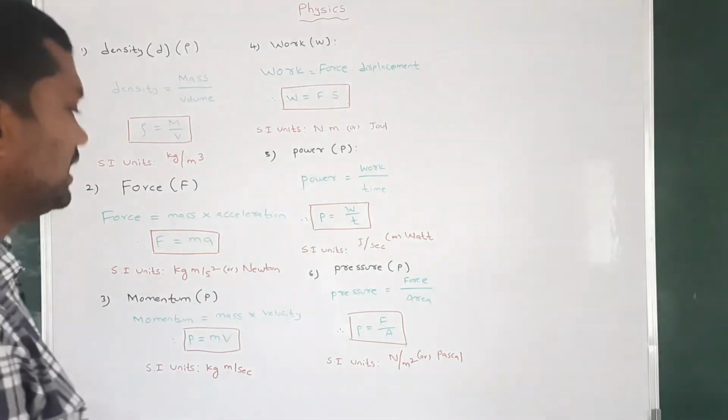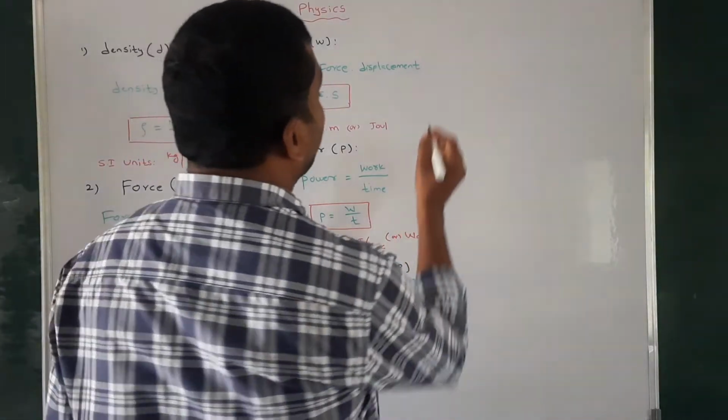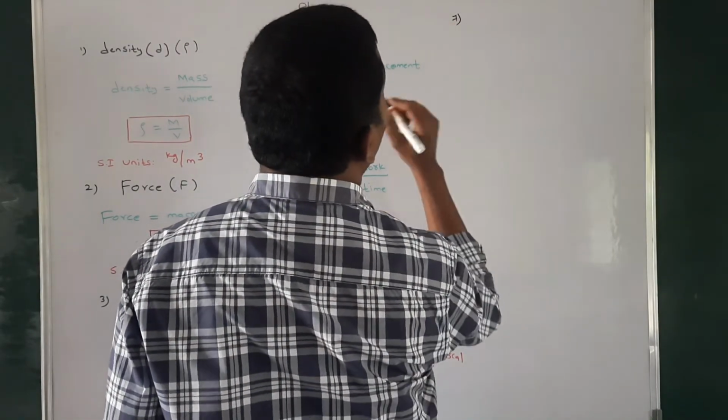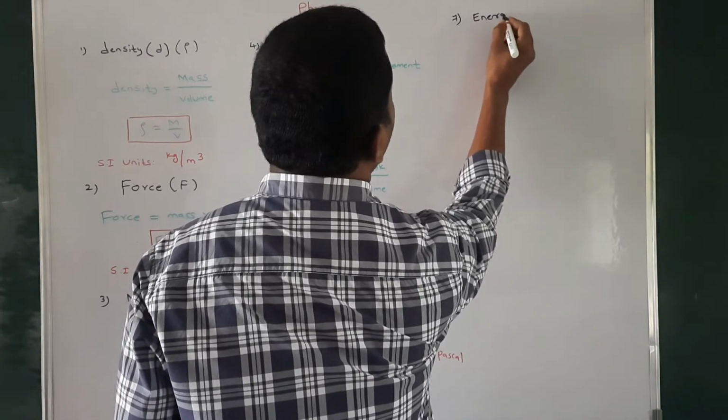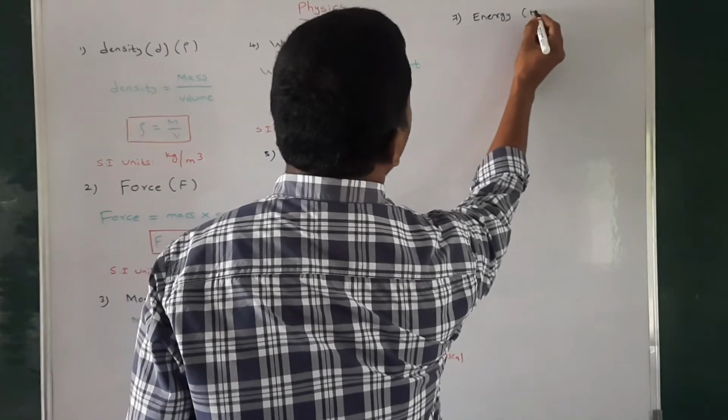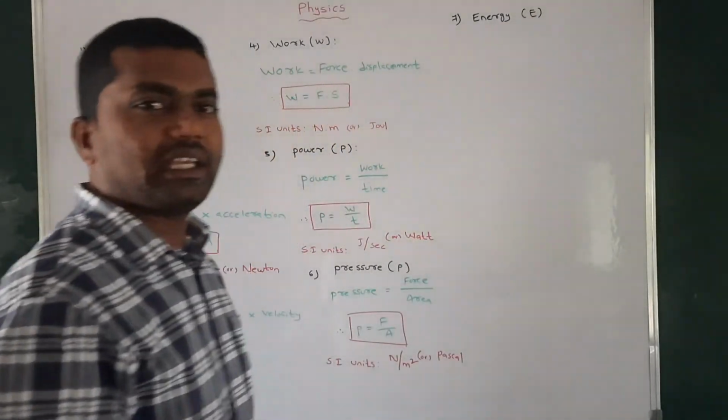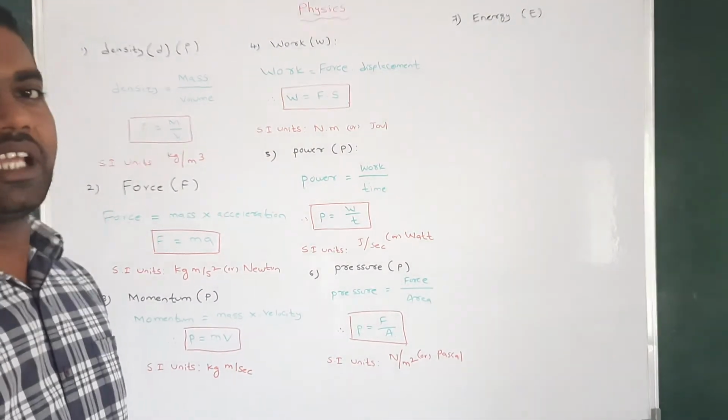And next one, the seventh physical quantity, energy. Energy will be represented by E. We can take two different types of energies.